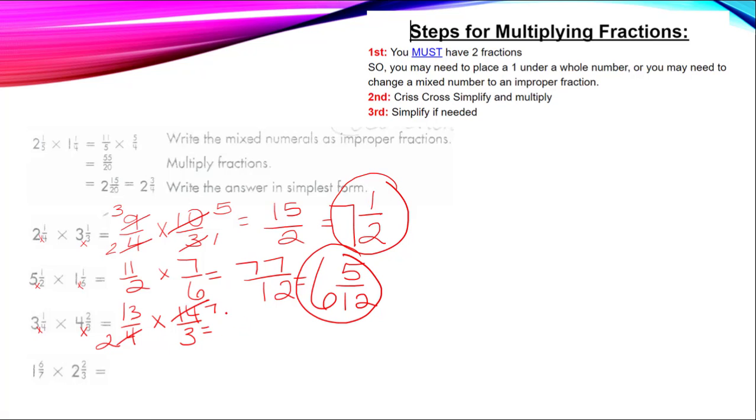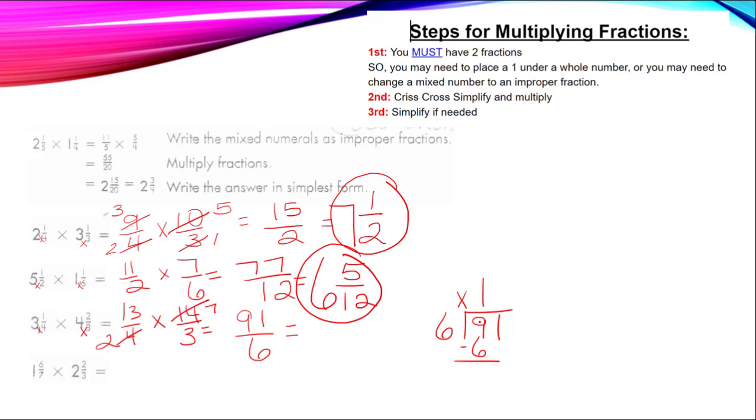13 times 7 is 91. 2 times 3 is 6. So I have an improper fraction. So I need to do 91 divided by 6 and make it a mixed number. Bottom dog outside the house, top dog inside the house. Okay, 6 goes into 9 1 time. Multiply. 1 times 6 is 6.